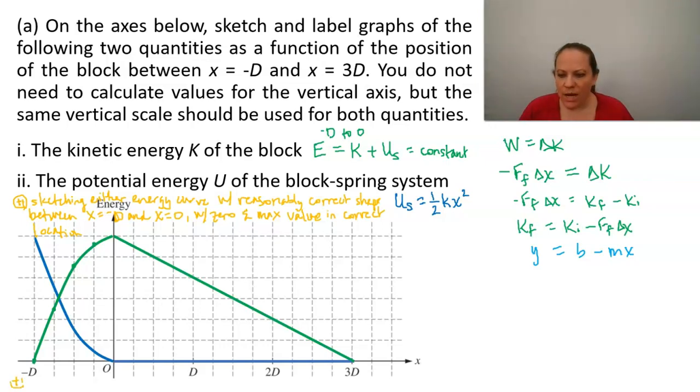We're going to get a point for sketching two curves from x equals negative d to x equals 0 with shapes and values such that the total energy is constant. Oops. Let me fix that.